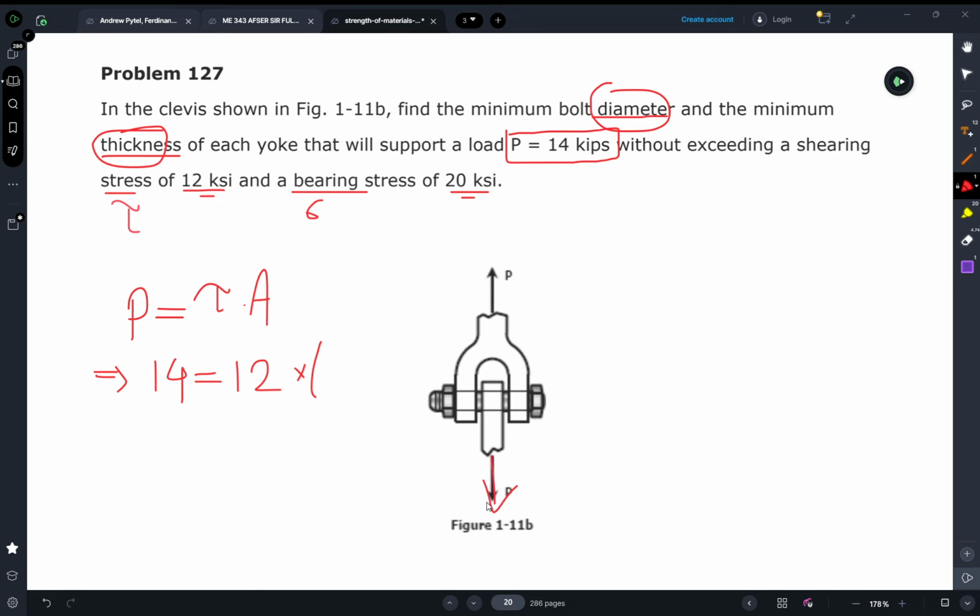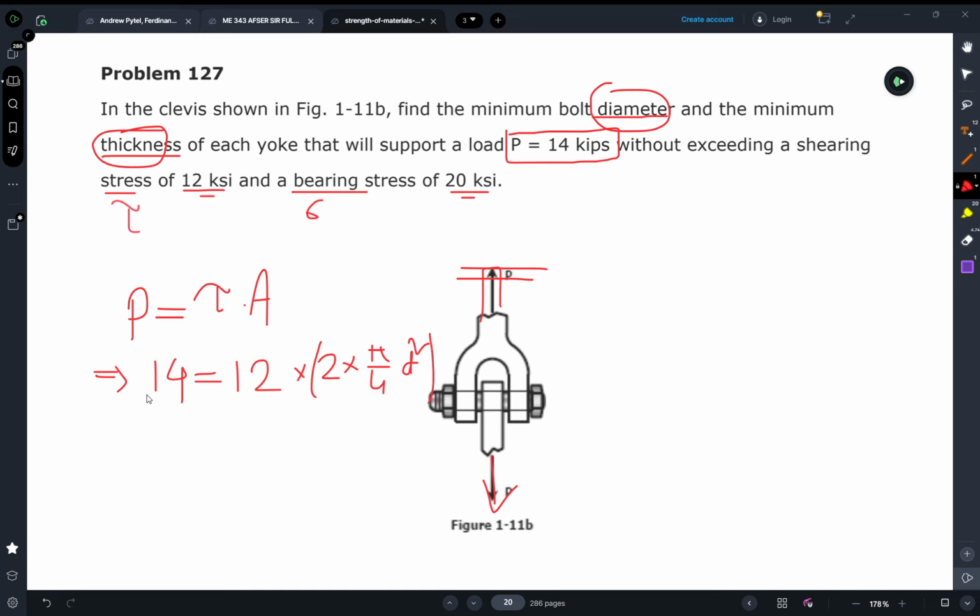the total area that is acting under the shearing stress. As we are pulling this out, just imagine that this is bolted on a hinge and we are just considering only this part. If we put force over this, the total shearing area will be twice the area of the bolt, so it will be 2 multiplied by pi by 4 d square.